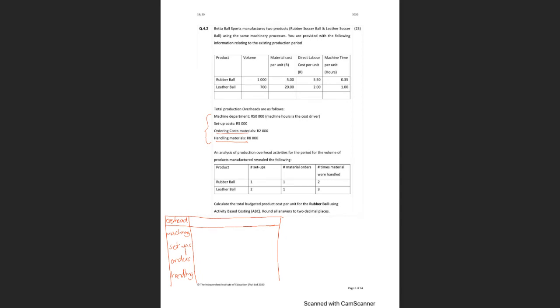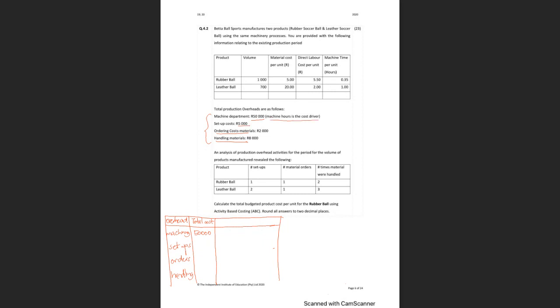Now we're going to list out their cost. So the total cost is the 50,000 for machine hours. They said to you within brackets specifically that machine hours is the cost driver here.